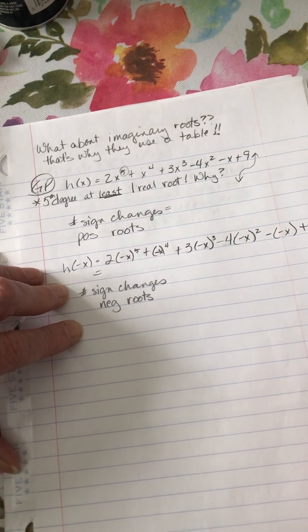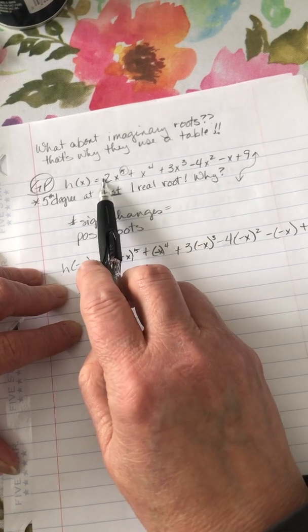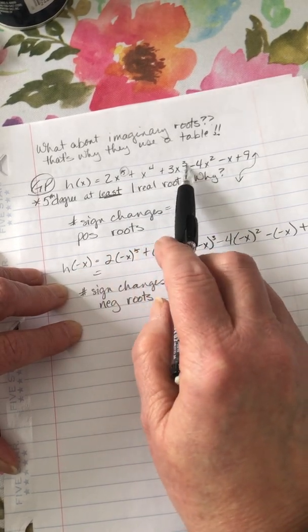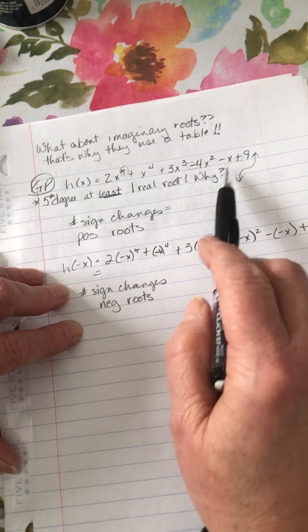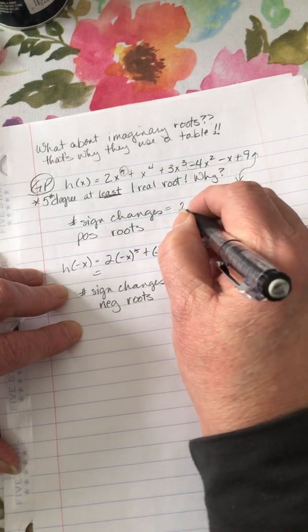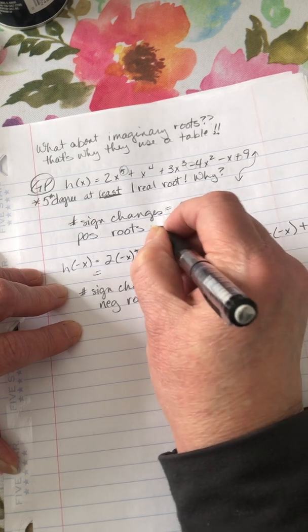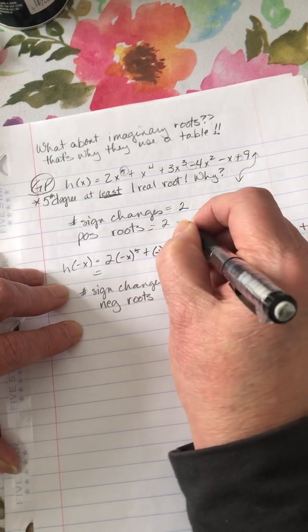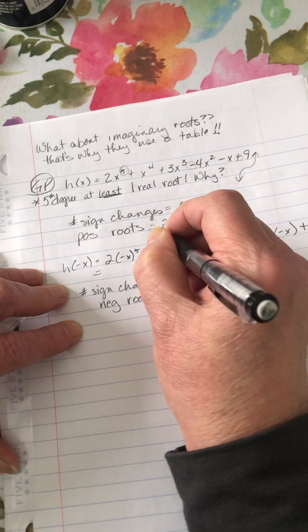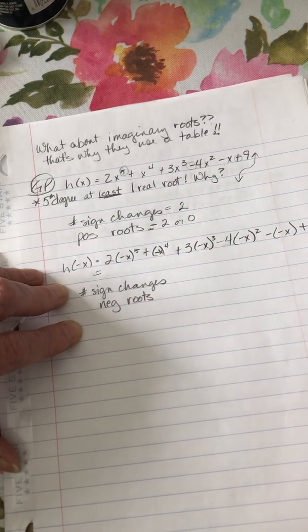It's going to cross the x-axis somewhere. So sign changes. Positive, positive, positive, negative, negative, positive. So there are 2 sign changes. So that means that there are either 2 or there are 0 positive real roots.